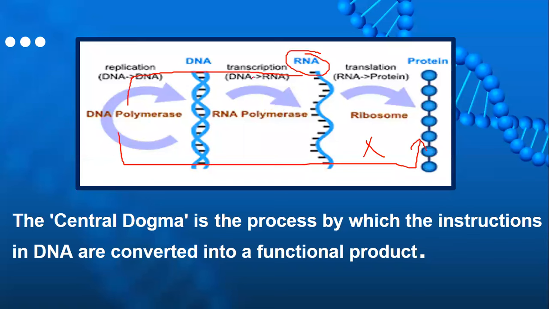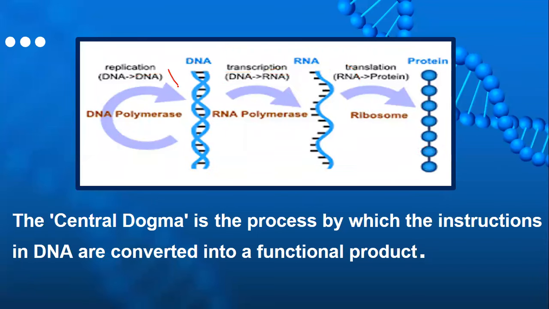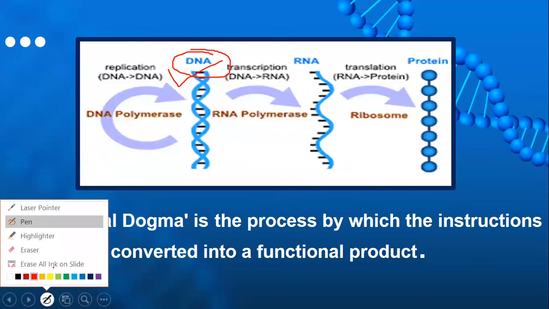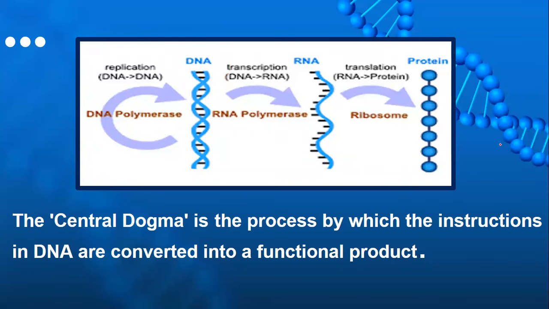Now you can ask me, sir, what happens if the RNA gets damaged? There is no problem. If the RNA gets damaged, we have DNA. DNA can synthesize RNA, and RNA can synthesize the protein. But if DNA gets damaged, the same genetic information passes to the next generation. Obviously, it leads to a lot of chromosomal abnormalities and genetic defects. That's the reason DNA is never directly involved in the synthesis of protein.